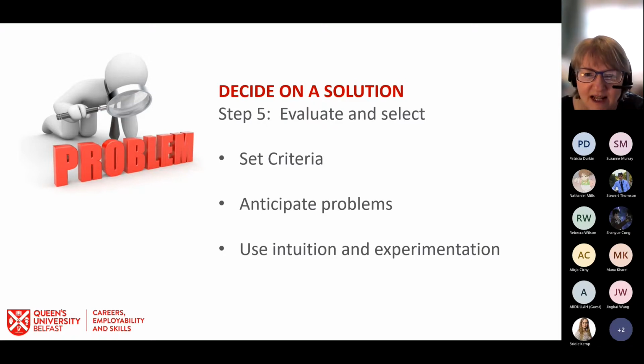Sometimes even rigorous analysis will not produce solutions. Sometimes the only way to know if something will work is to experiment. And I think that sometimes people can be pretty worried about doing that, depending on the company that you work in, depending on the sort of solutions that you're trying to come up with. But sometimes experimenting can be the only way to do it, to try it out.